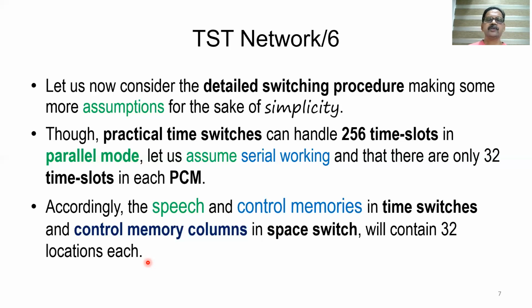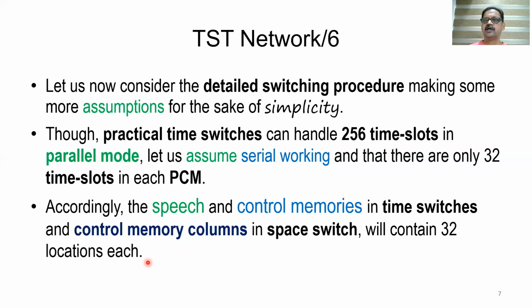So when you look into the number of speech and control memory locations in time switches, you will have 32 locations. In the case of the space switch, you will have control memory columns, which will have 32 memory locations.